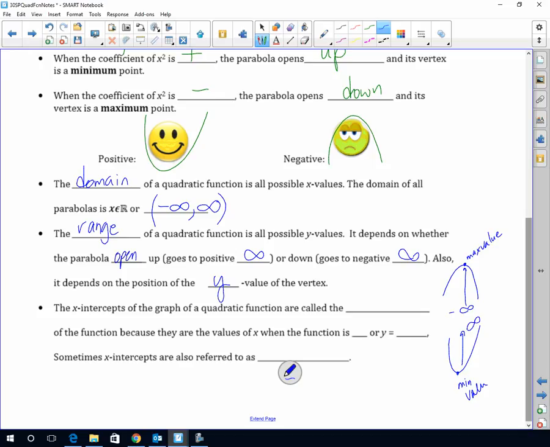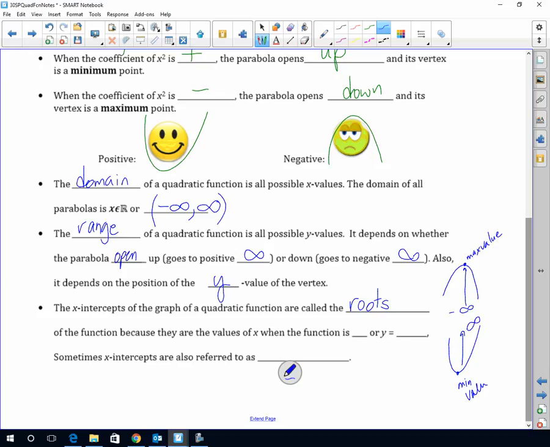The x-intercepts are called the roots of the function because they are the values of x when the function is blank or y equals blank. What am I looking for there? Okay, where the function is 0 or y equals 0.